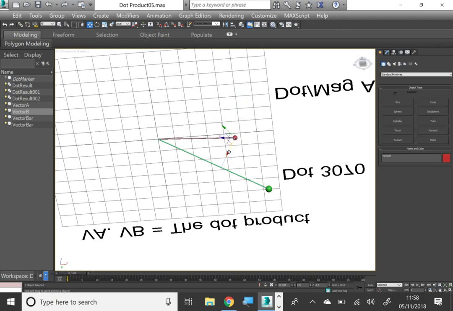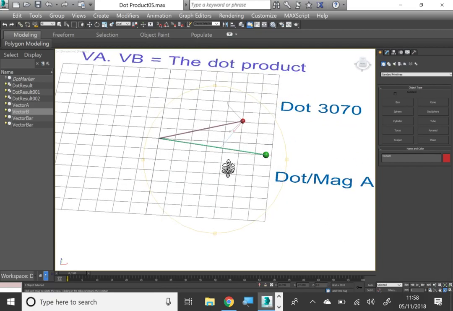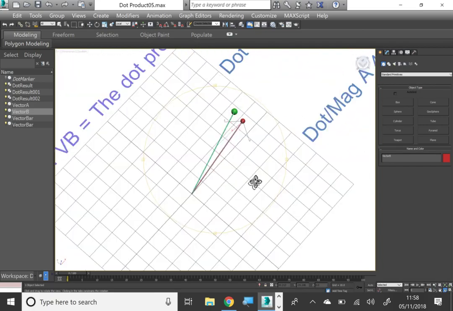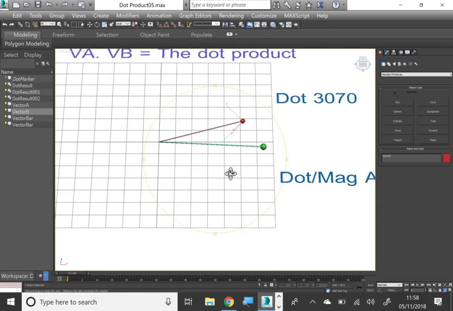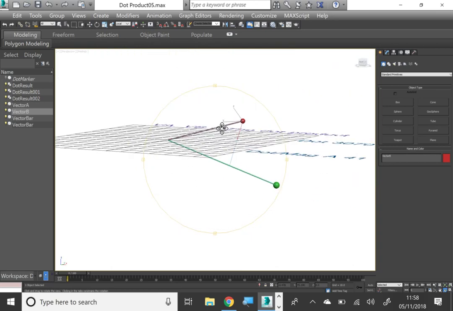And when I move it along this perpendicular, you can see my dot product doesn't change. When I move it along the opposite perpendicular, which is this axis, it will change.